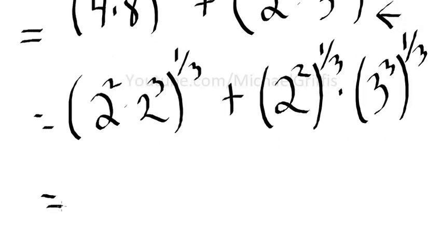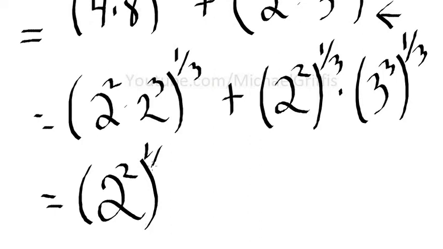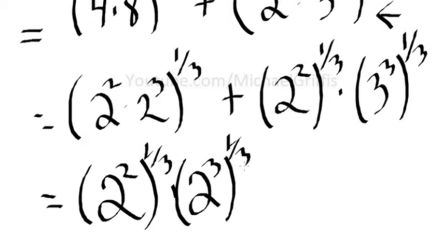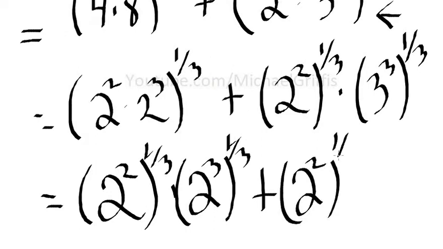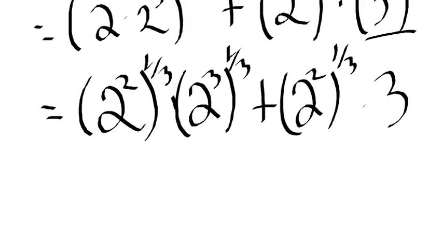We have 2 squared raised to the third times 2 to the third raised to the third, plus 2 squared raised to the third times 3 cubed raised to the third, where you multiply the exponents and that just becomes a 3. Okay, so we're still rewriting here.